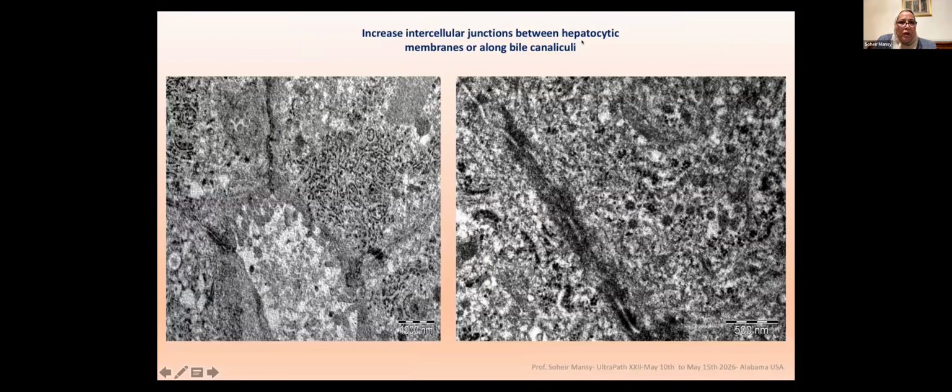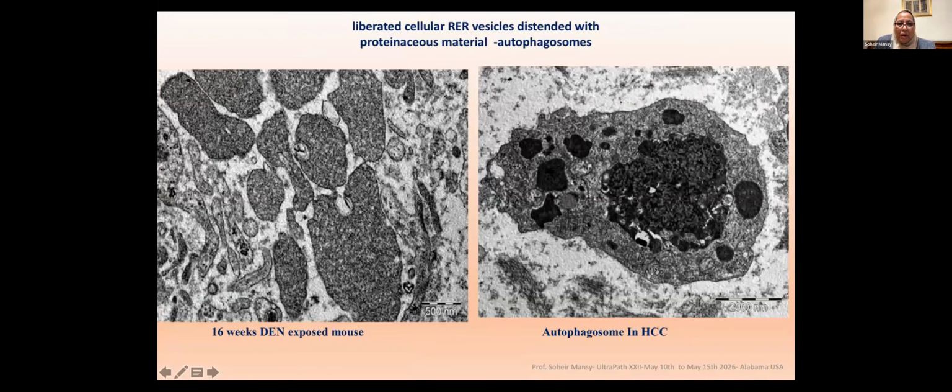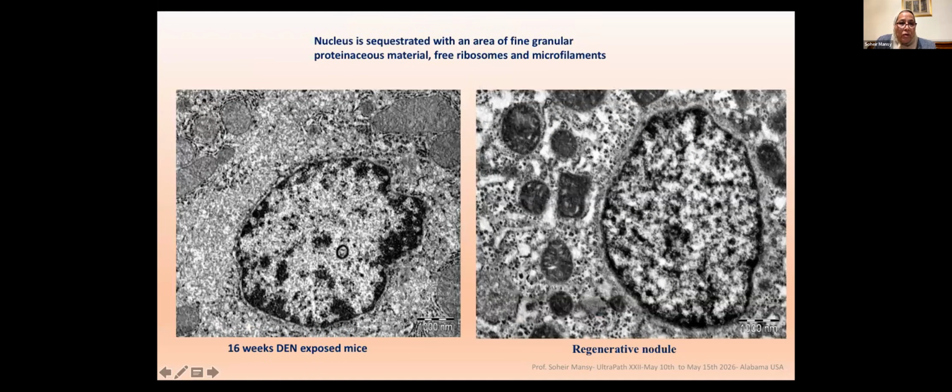Increased intercellular junction between hepatocytic membranes and along bile canaliculi. Also, liberated cellular rough endoplasmic reticulum, dilated and distended with proteinaceous material, and the presence of autophagosomes.